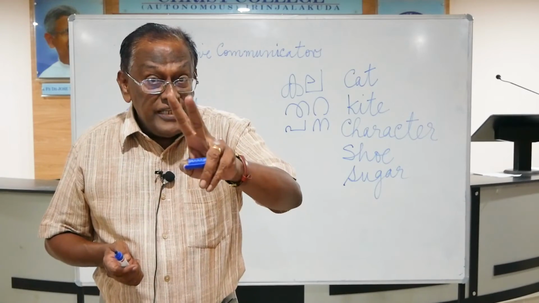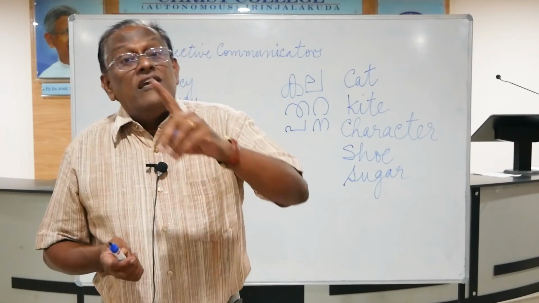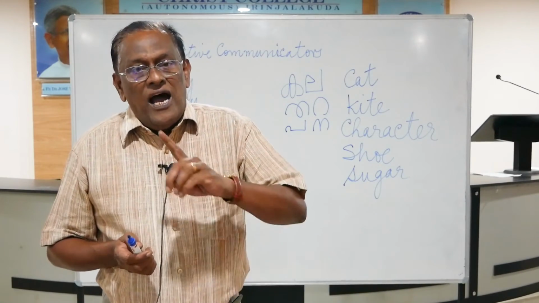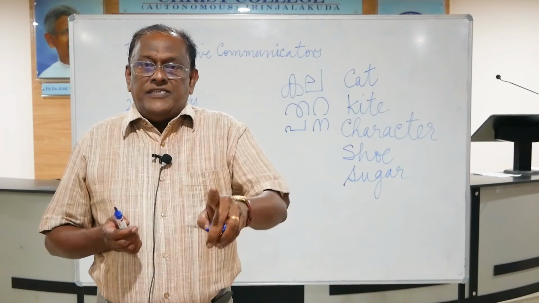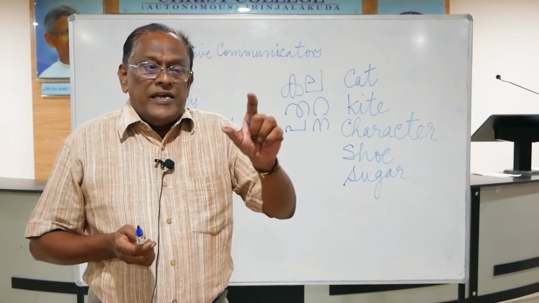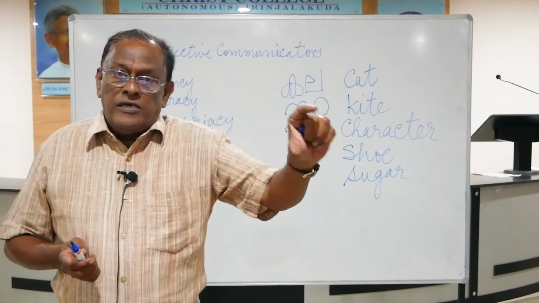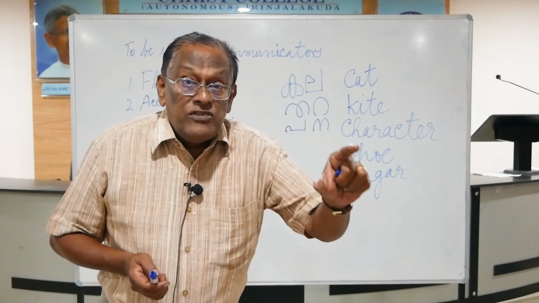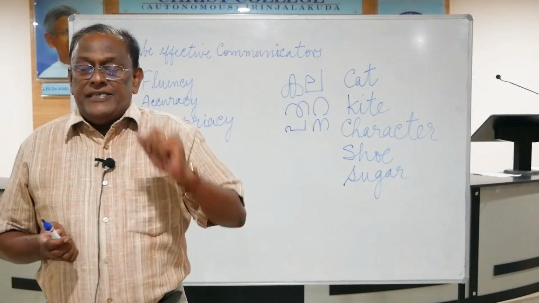Remember the 2 statements I made. Malayalam is a phonetic language. English is an unphonetic language. Why? Malayalam is a phonetic language because there is one-to-one correspondence between the alphabet we write and the sound produced by it.